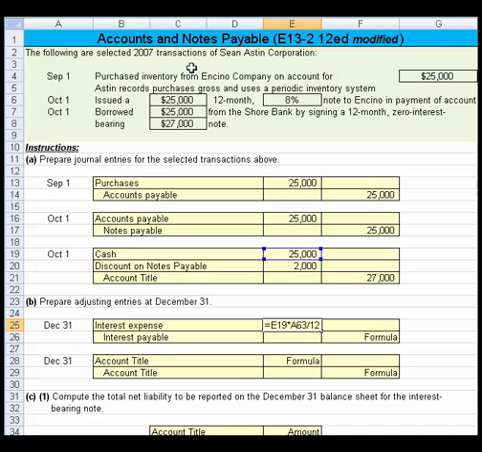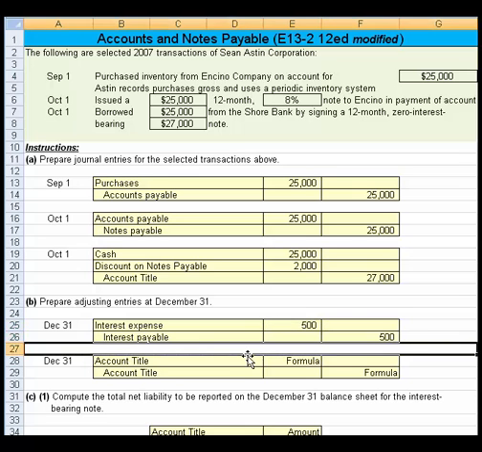Okay, I pointed to the wrong one. Now I've got the right cells in there, and it's $500 is the interest expense, the 8% on the cash amount. Once we've done that, we know that the calculation would go here as interest payable. Okay, so now we've recorded the interest expense on the cash we actually received.